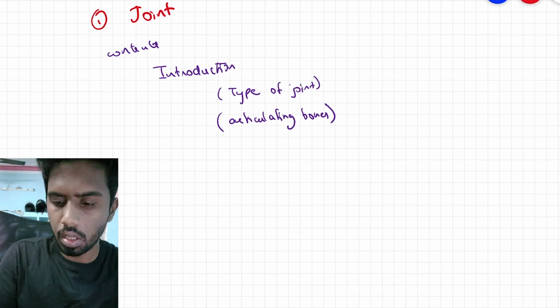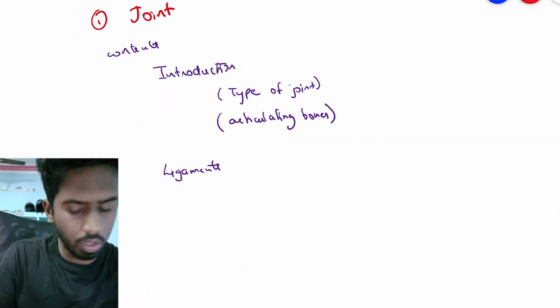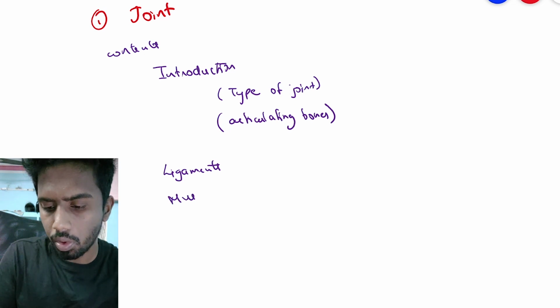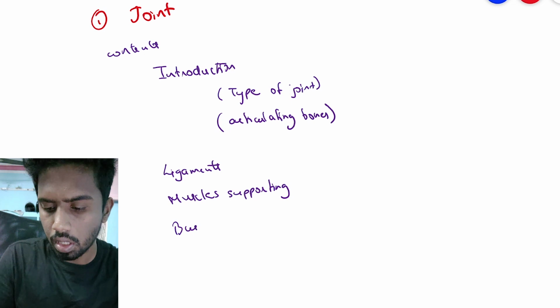Next, you should talk about the ligaments which occur in the joint, followed by the muscles supporting, followed by the bursa.